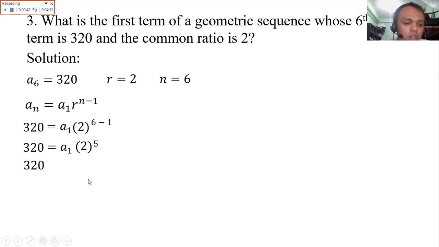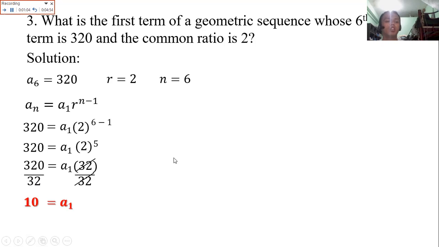So we have 320 equal to a sub 1 times 32. Then divide both sides by 32. 320 divided by 32 is 10, equal to a sub 1, since 32 divided by 32 cancels out. Then your a sub 1 is 10. That is our first term, 10.